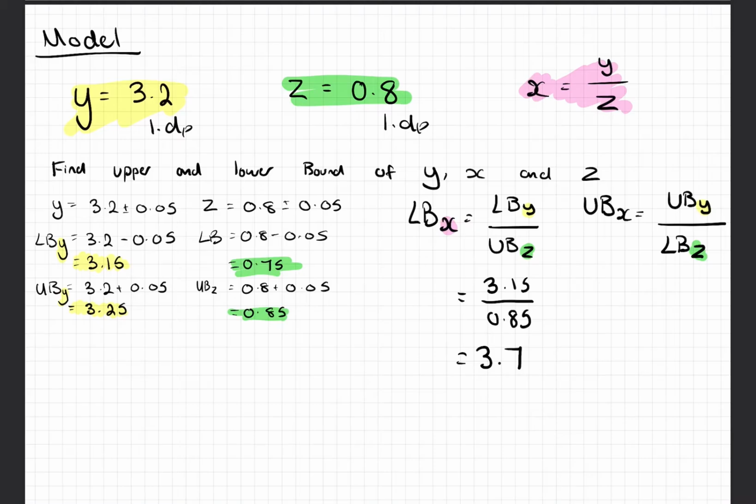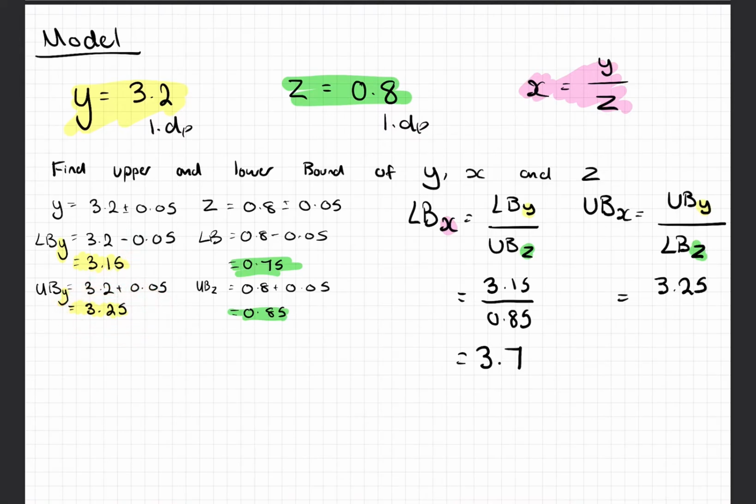For the upper bound of x, here, we need to take the largest possible value of y, and we divide it by the smallest possible value here. So the upper bound of y, we can find it here, 3.25.